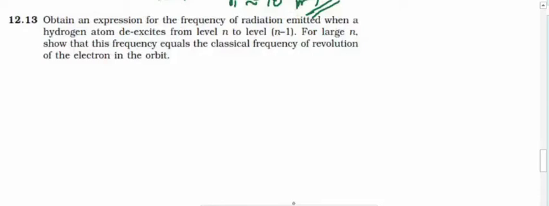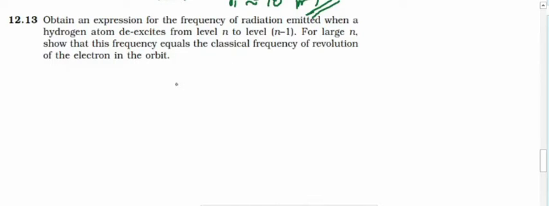Now next, question 13. Obtain an expression for the frequency of radiation emitted when a hydrogen atom de-excites from level n to level n minus 1. You're asked to obtain an expression for the frequency of radiation.